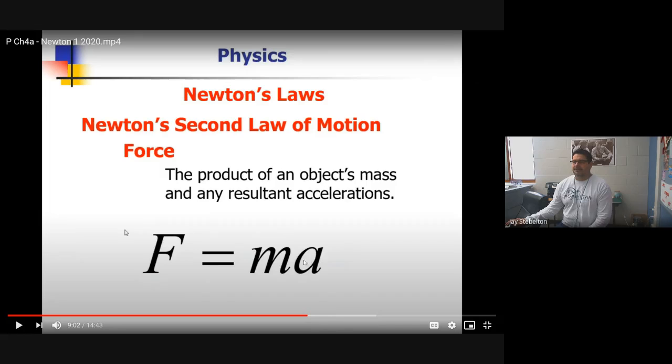Right now, A is multiplying times M, so to do the opposite, you would divide each side by A. So the formula for mass would be M equals F divided by A. Likewise, for acceleration, you would divide each side by M. So acceleration would equal F divided by M. It's just that basic algebra of doing the opposite of what it's already doing to get the variable you want to solve for alone.